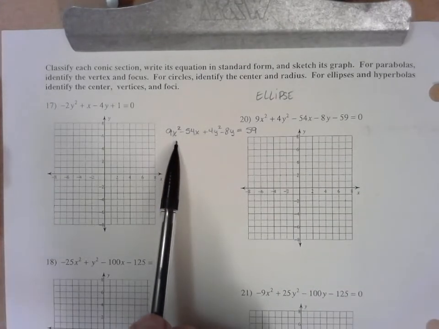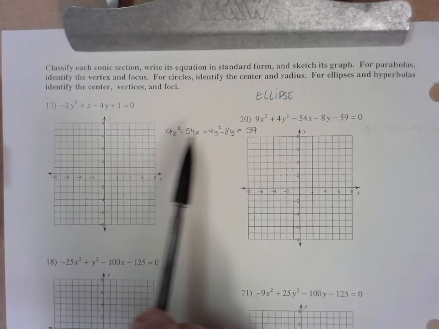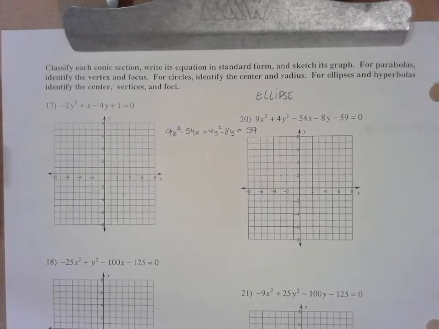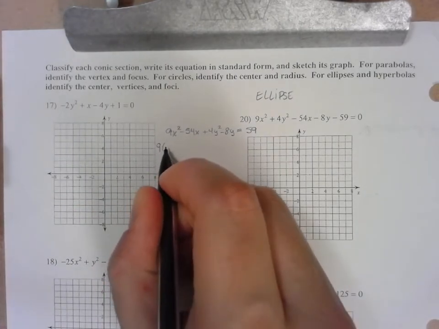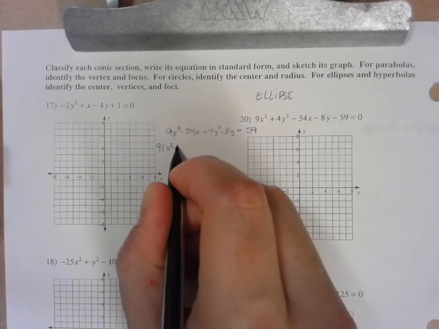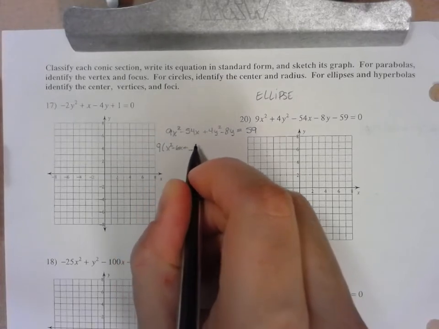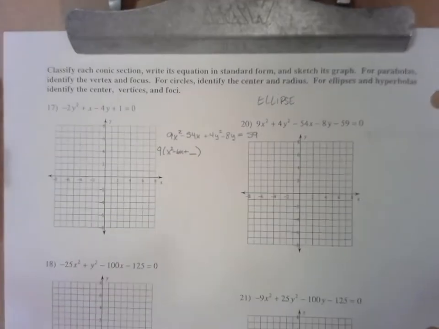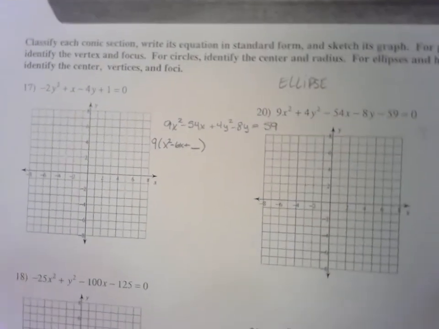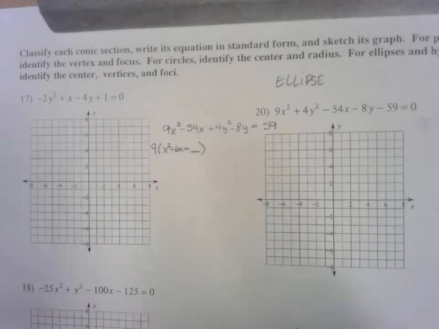Not only do I need to complete two squares, but I also have to work around them having a coefficient in front of the x squared and the y squared term. Let's factor out the greatest common factor. Let's take out a 9, leave room to complete a square. Instead of writing smaller and smaller, I'm going to just do one at a time.